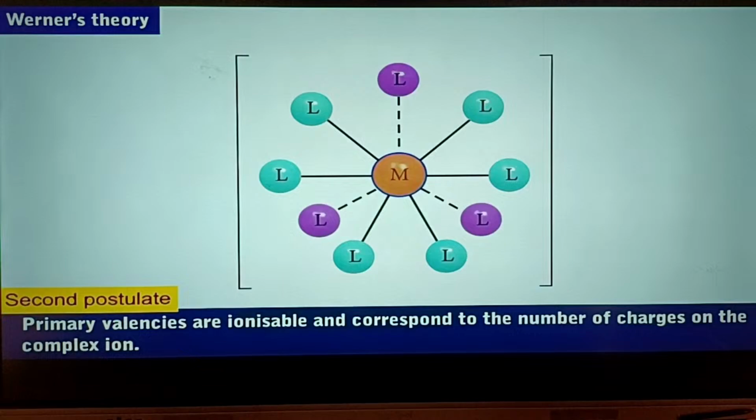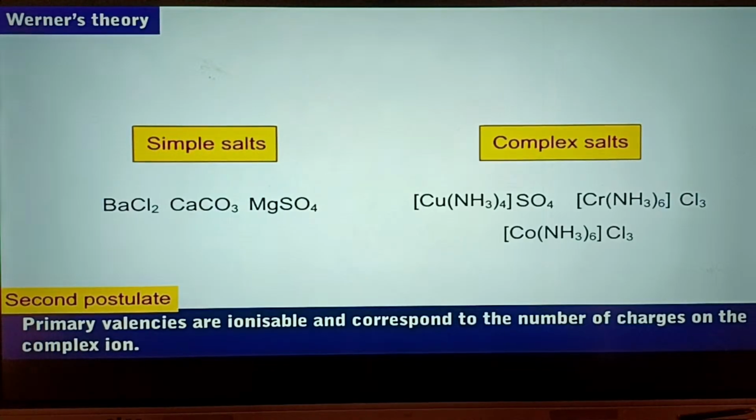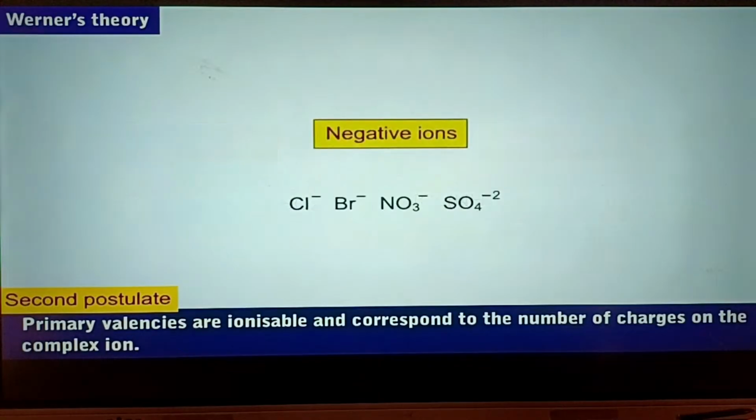The second postulate states that primary valencies are ionizable and correspond to the number of charges on the complex ion. Primary valencies apply equally well to simple salts and to complexes, and are satisfied by negative ions.